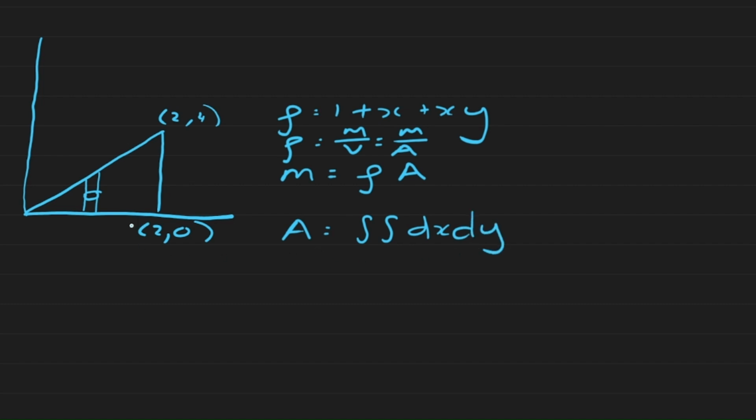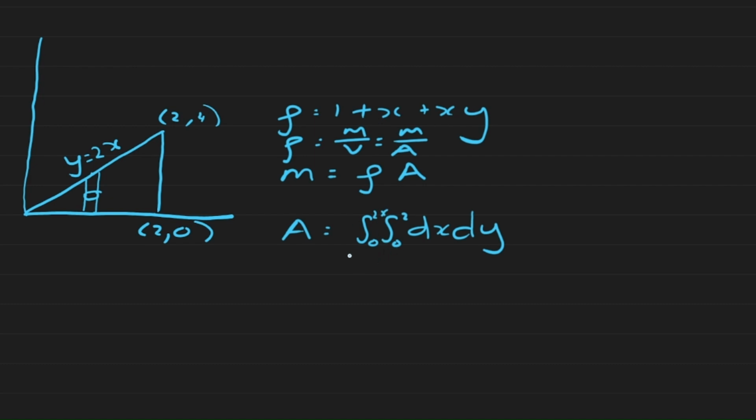And let's look at the boundaries. So we're integrating x from 0 to 2. However, we're integrating y from 0 to 2x. Remember that this line is given by the function y is equal to 2x. So we have to integrate y from 0 to 2x.